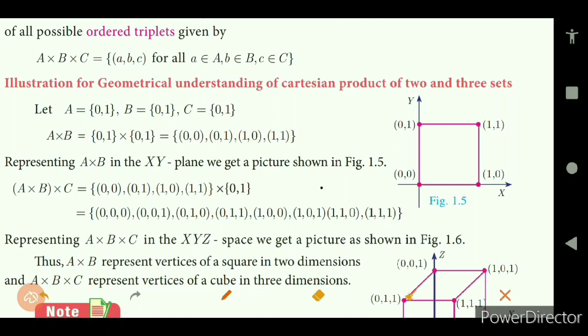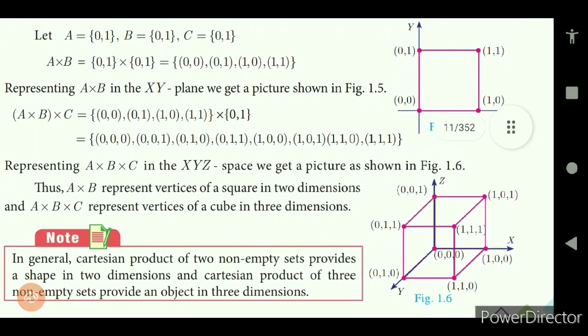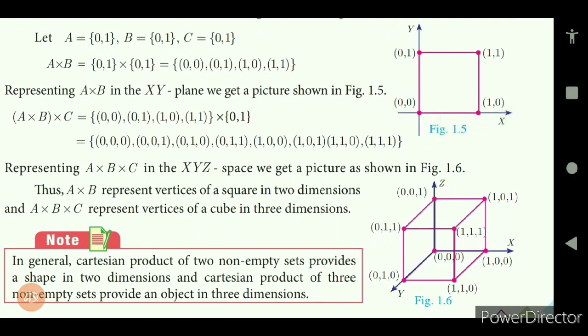How do we represent 0 with 1, 0 with 1, C which contains 0 with 1? If it is two sets, A cross B, we can easily represent in this form.